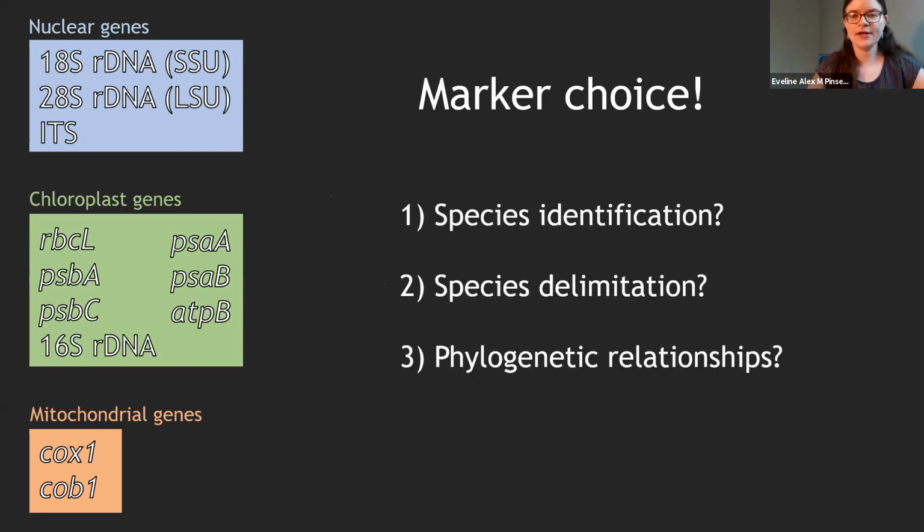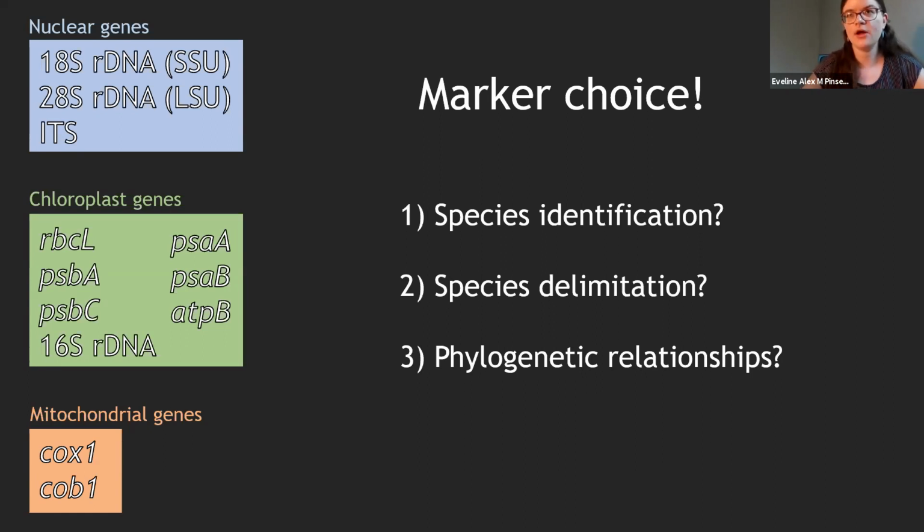And which marker you choose really depends on what you want to do. For example, if you want to identify species, 1 base pair difference between 2 markers is going to be sufficient. If that base pair difference is consistent between 2 species, that's enough. However, that is never going to be enough if you want to delimit species.